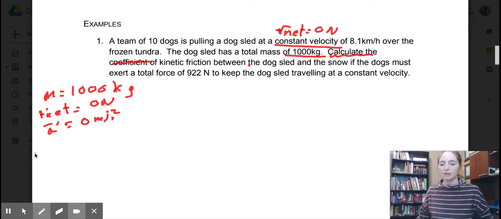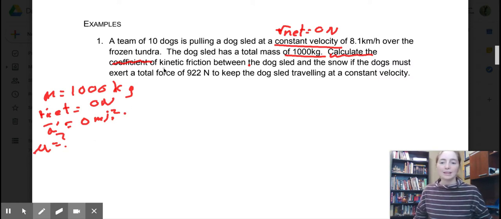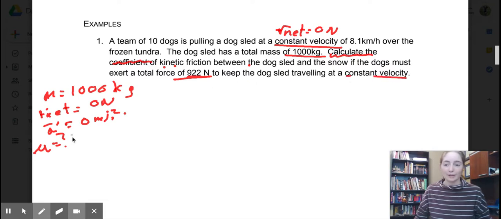Okay, so that means our mu is going to be what we want, and keyword kinetic as well. So we're looking at the object when in motion, between the dog sled and the snow, if the dogs must exert a total force of 922 newtons to keep the dog sled traveling at a constant velocity. So that value is going to be your force applied.